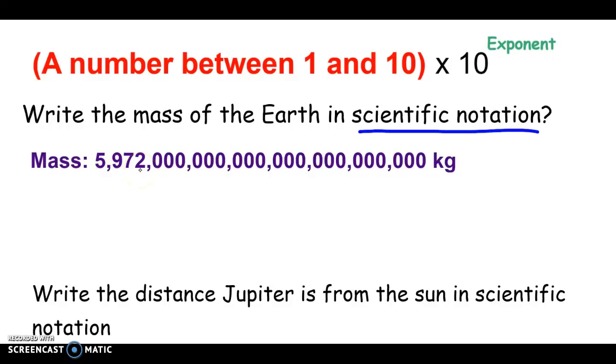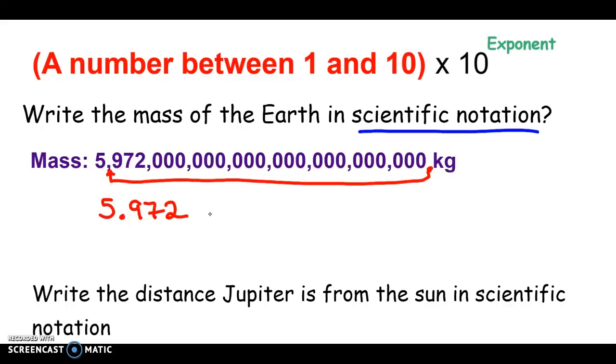So I'm going to take my decimal point, which is at the end of the number, because if there's not a number there, it's at the end. And I'm going to move it all the way up so it's after the first non-zero digit. So now my number is 5.972.